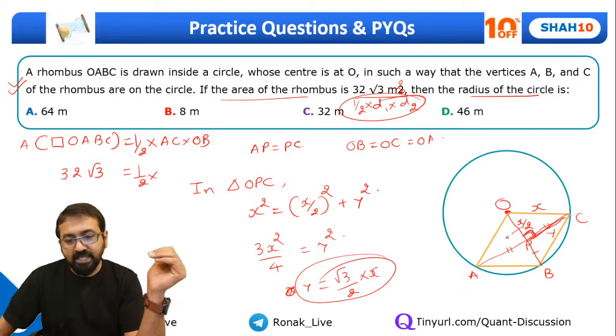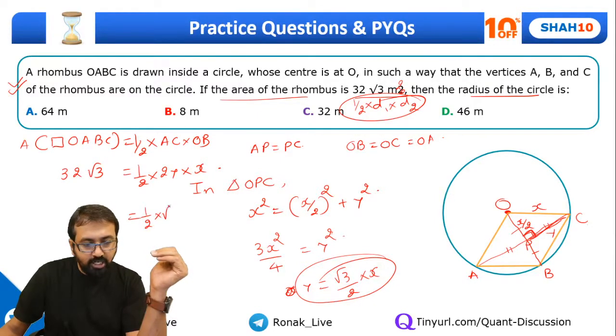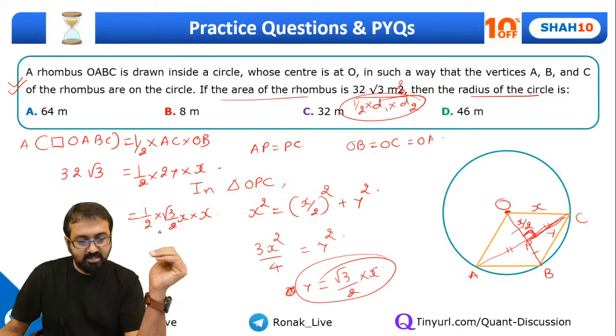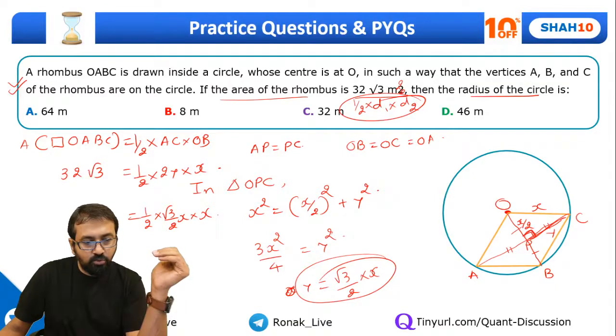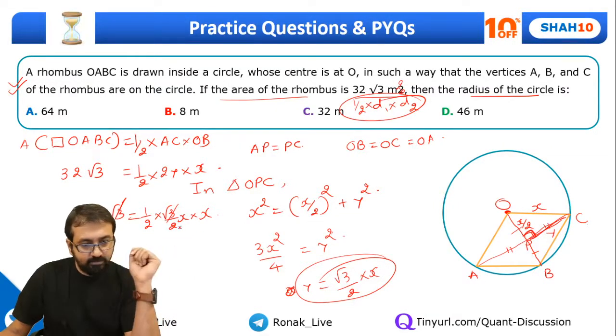Now what is complete AC? So we have taken this as y, so this will be 2y into what is OB? So OB is x, right? Instead of y we can replace it with root 3 by 2, so I'll get 1 by 2 into root 3 by 2 x into x, and this is nothing but 32 root 3. So this root 3 will get cancelled off, okay?